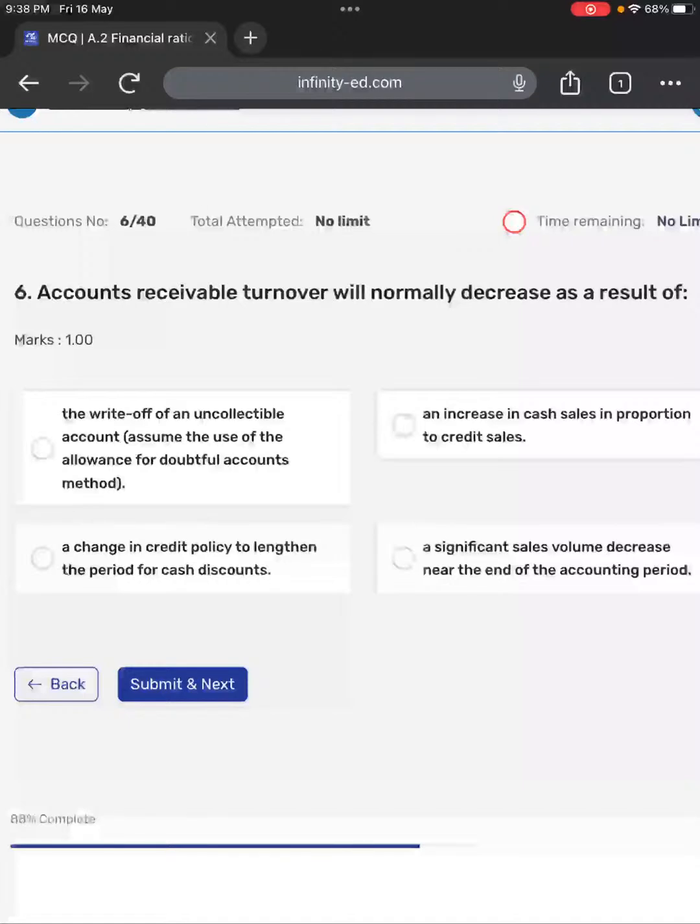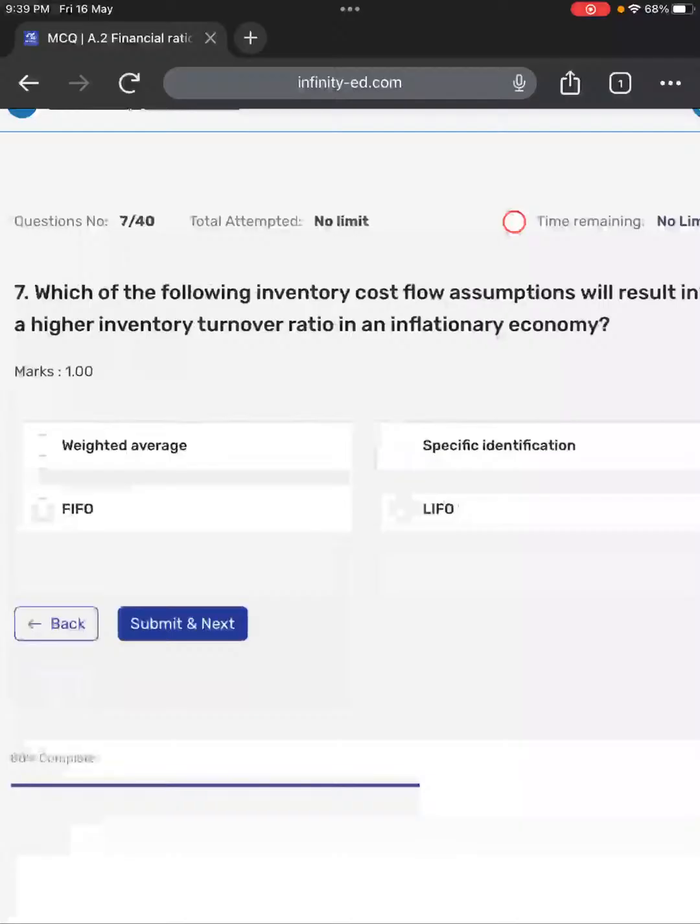An increase in cash sales in proportion to the credit sales: cash sales increase, this is the correct answer. If cash sales increase and credit sales decrease, then account receivable turnover will decrease.